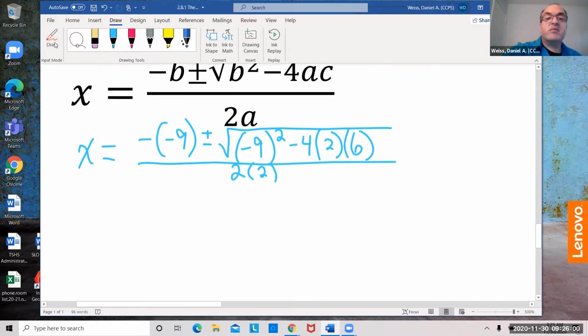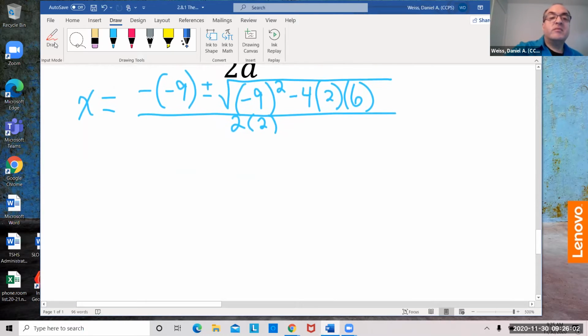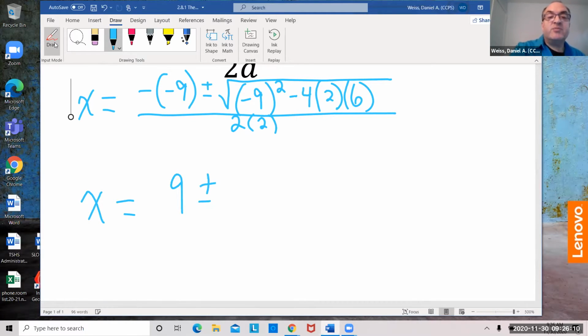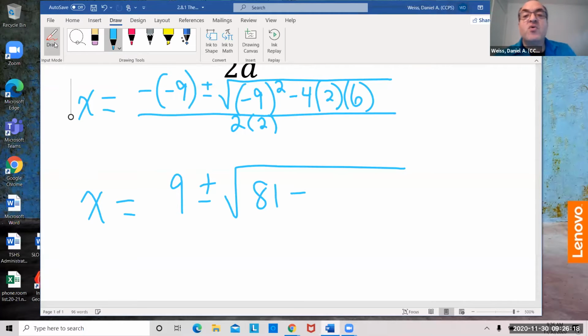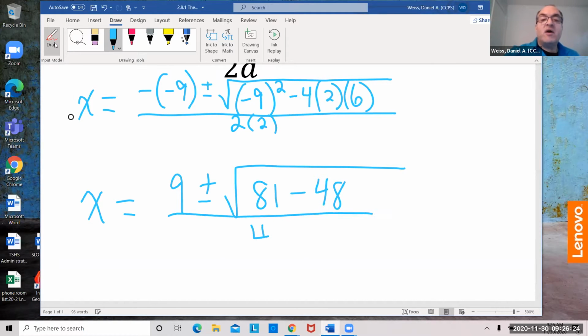Simplify. X equals negative 9 is positive 9 plus or minus square root. Negative 9 times negative 9 is positive 81 minus 4 times 2 is 8 times 6 is 48, all over 4.